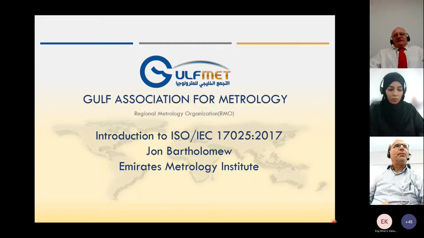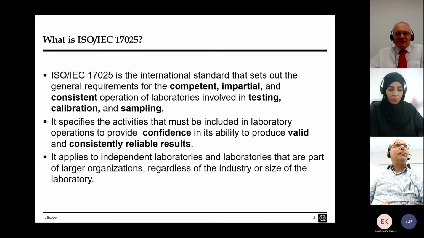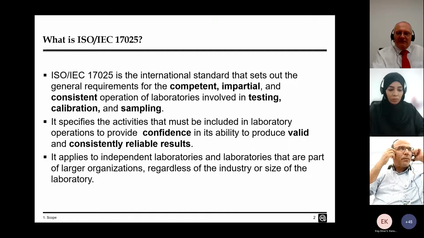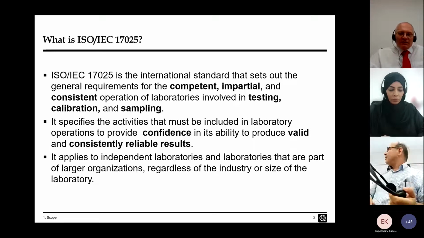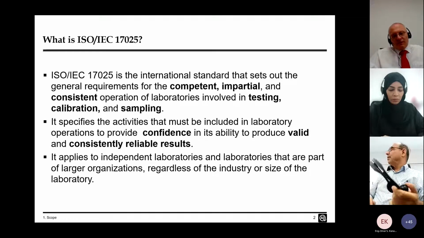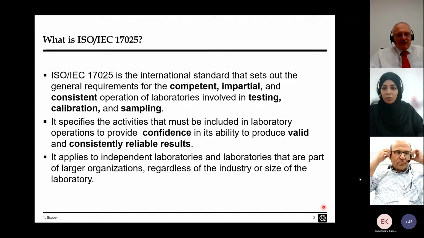So what is ISO IEC 17025? It's the international standard for laboratories that do testing, calibration, and sampling. And what we're ensuring here is that we have requirements to ensure that the laboratories are competent, they're impartial, and they have a consistent operation.